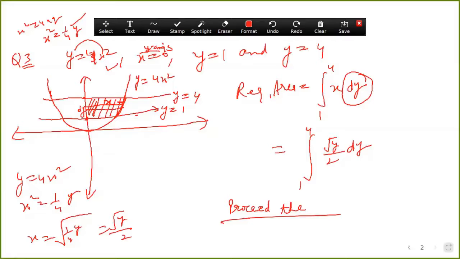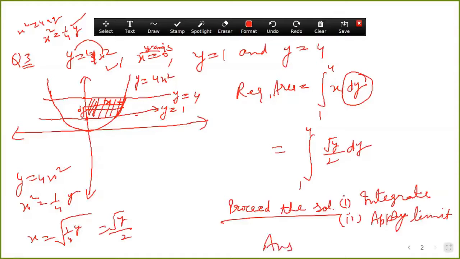Proceed the solution like this: first you will do integration, second, apply the limit. So the answer will be equal to 7 by 3, you can do it on your own. Some part you have to do on your own. This is a practice part which you have to do. I have given you an idea how to do the question.